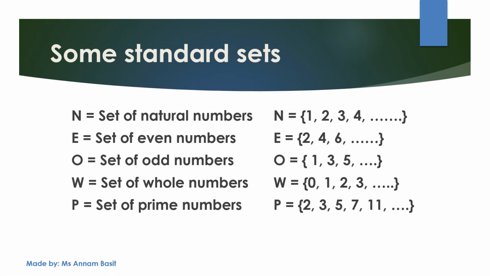Okay, now let's look at some of the standard sets that have a fixed representation. These letters are assigned to these specific sets. Let's take the first one, which is N, which I also covered in the previous examples. N is equal to the set of natural numbers. You're going to write N equals bracket 1, 2, 3, 4, and dot dot dot.